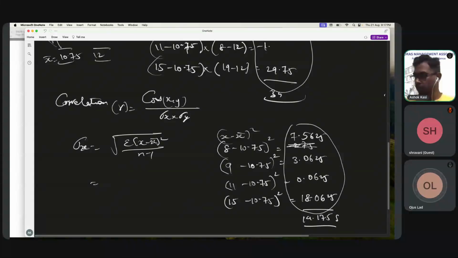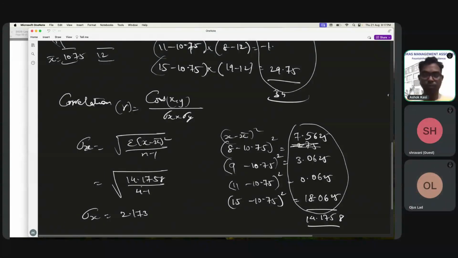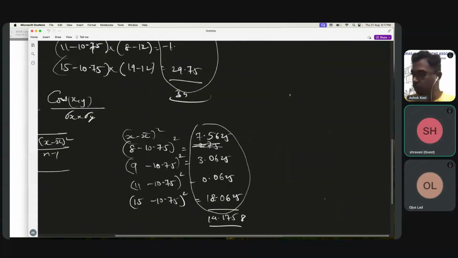It comes to 14.1758, and the overall answer, 2.173, is the standard deviation of x. Shravan, you understood all the steps? Yes, ma'am. Okay. Now similarly, we'll calculate standard deviation of y.